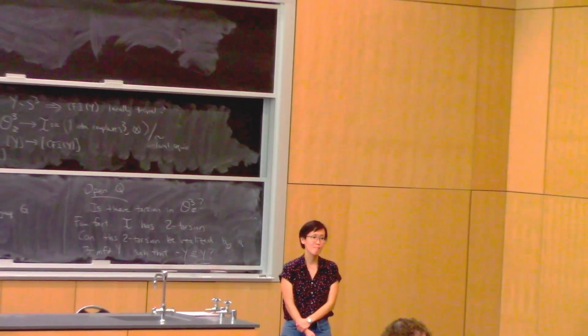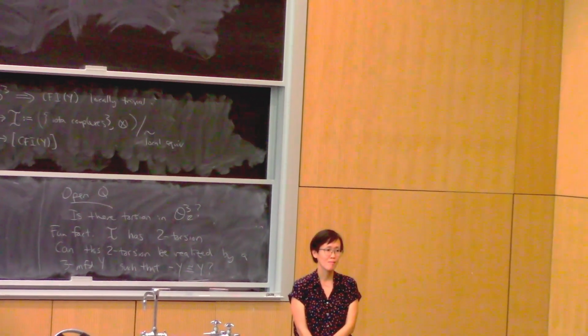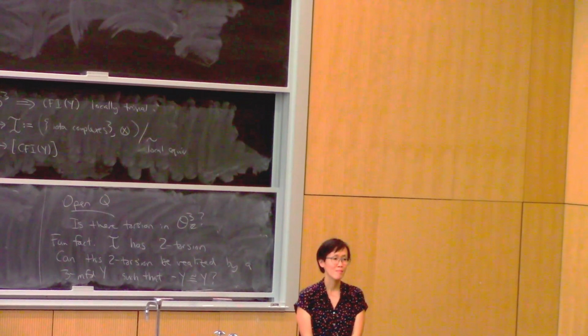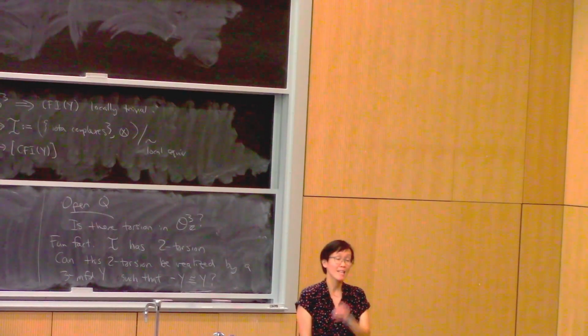You mentioned at some point that there is a difference between slice knots with smooth and topological slicing. Is there something here that lets you understand that more? Yeah.